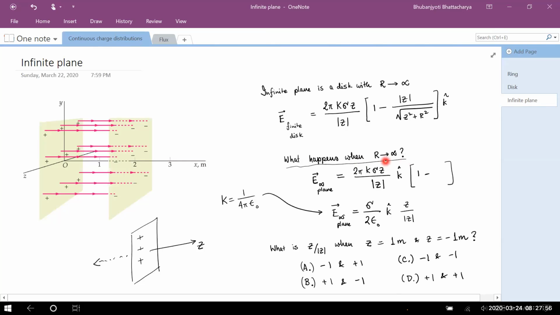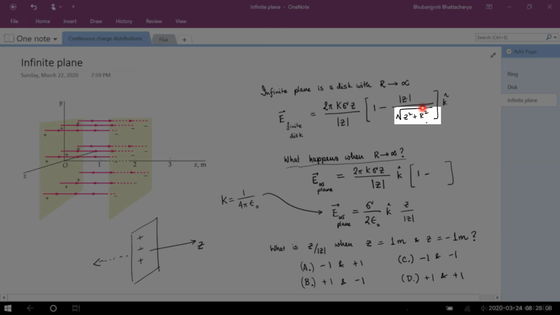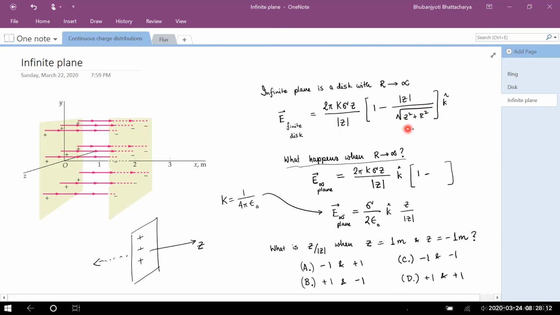So if I take capital R to infinity, you see that the prefactor here does not depend on capital R, so it stays the same. The only thing that depends on capital R is this part. So that grows and keeps growing. And when R becomes infinity, what happens to the denominator? That denominator becomes infinity.